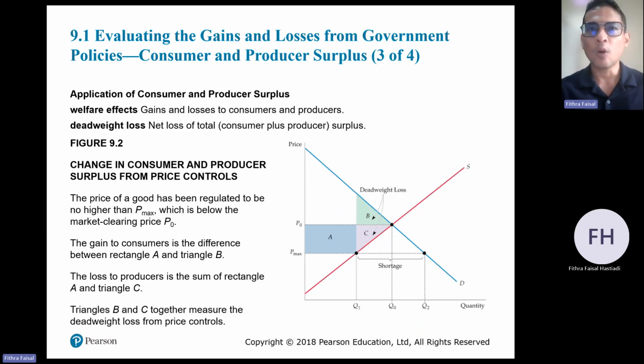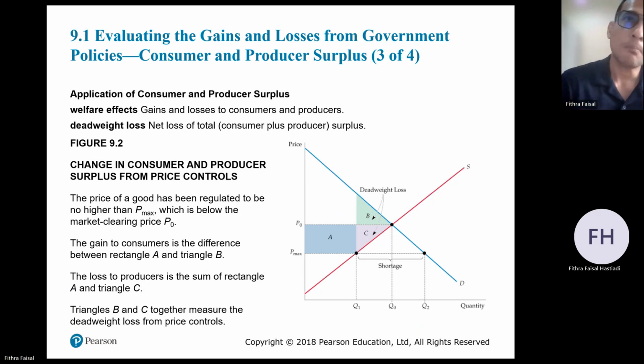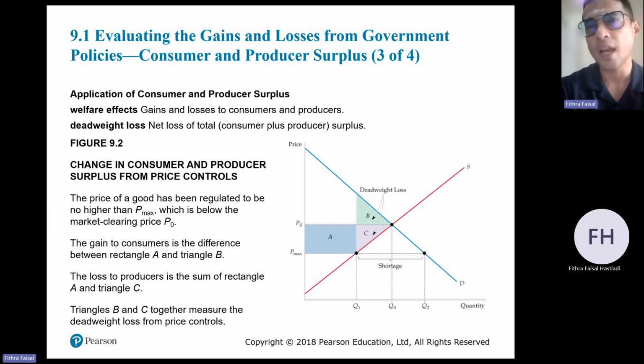At that time, I already suggested to the Minister of Trade and the echelon, the Director General of domestic trade. I told Pak Oke, Dirjen Perdagangan Dalam Negeri, the Director General for domestic trade, that this will create scarcity in the market, and afterward we had this kind of scarcity.